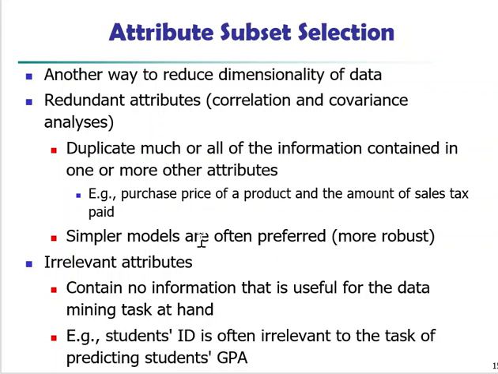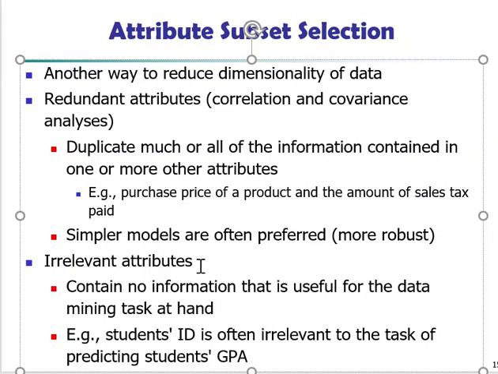And also another way is to identify the irrelevant attributes. When we look at our data set, often with some domain knowledge, we can see some attributes probably won't contribute much information to our mining task.